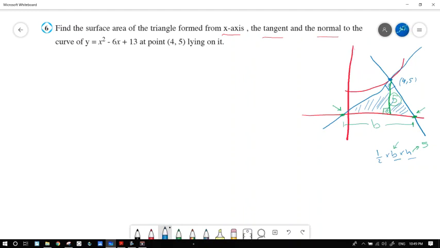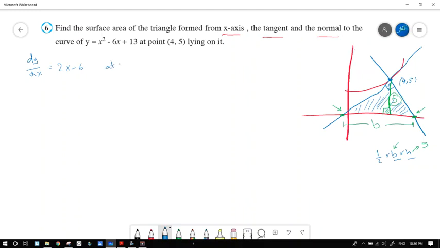First, to find the equation of the tangent and also the normal, we should first find the slope of the tangent by finding the first derivative. So dy by dx equals 2x minus 6, and this is the slope of the tangent at any point, but I need the slope of the tangent at the point 4 and 5.